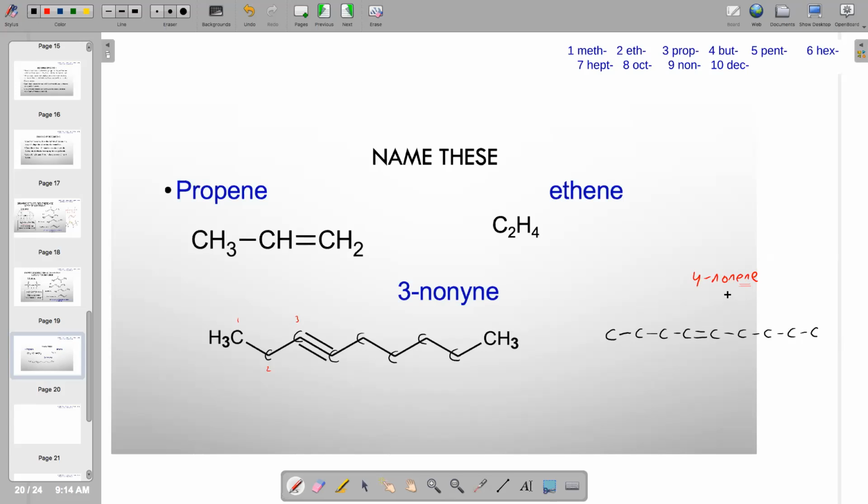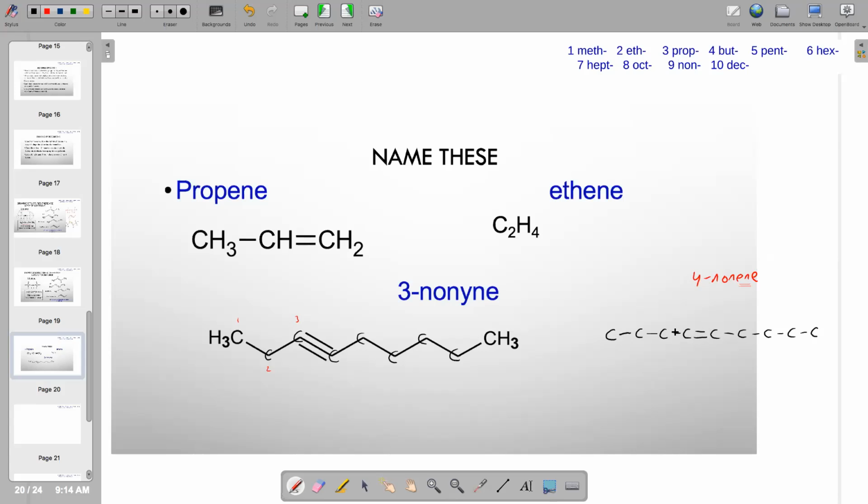This would never be called 5-nonene, because although you could number from this end, 1, 2, 3, 4, 5, and this 5th carbon is where the bond is, you want these numbers to be as low as possible. And because this double bond is closer to the left end, it's better to start naming from the left end. So there actually is no such thing as 5-nonene.